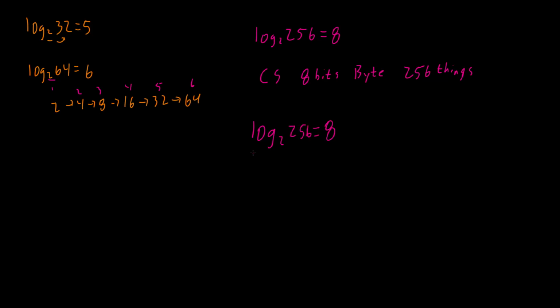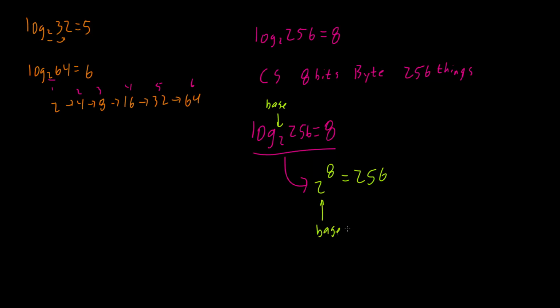All right, and then another way that we can rewrite this is like this. So we could say 2 to the 8 is 256. You take the base, and this is still the base. So let's write this. This is the base, and this is the base.